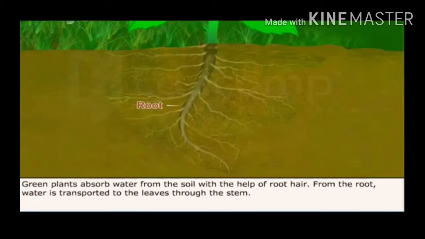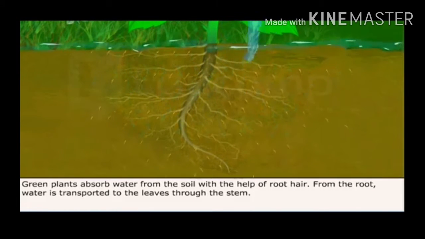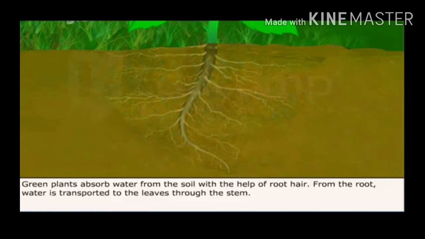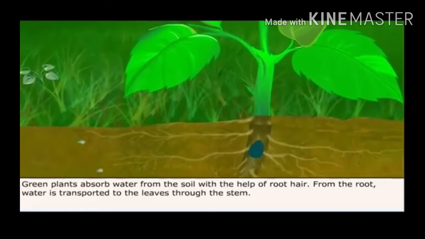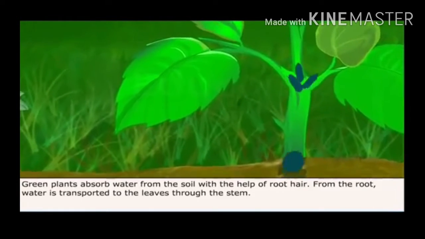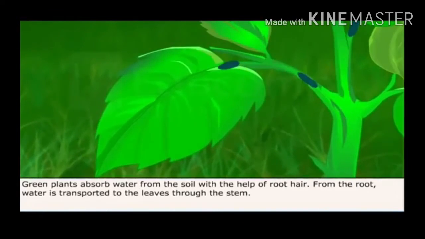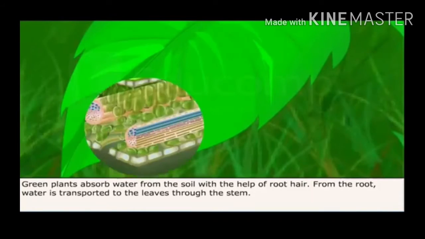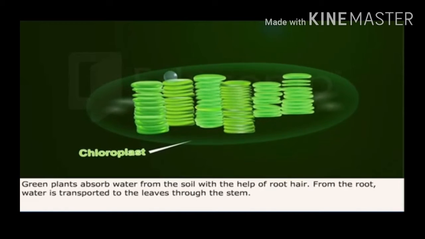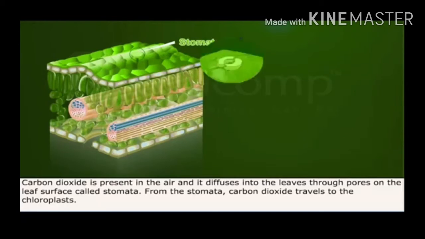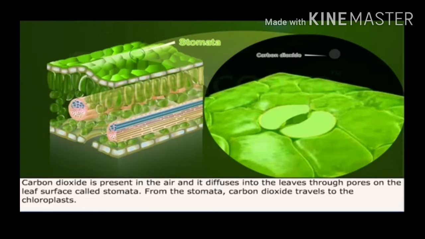Green plants absorb water from the soil with the help of root hair. From the root, water is transported to the leaves through the stem. Carbon dioxide is present in the air and it diffuses into the leaves through pores on the leaf surface called stomata.